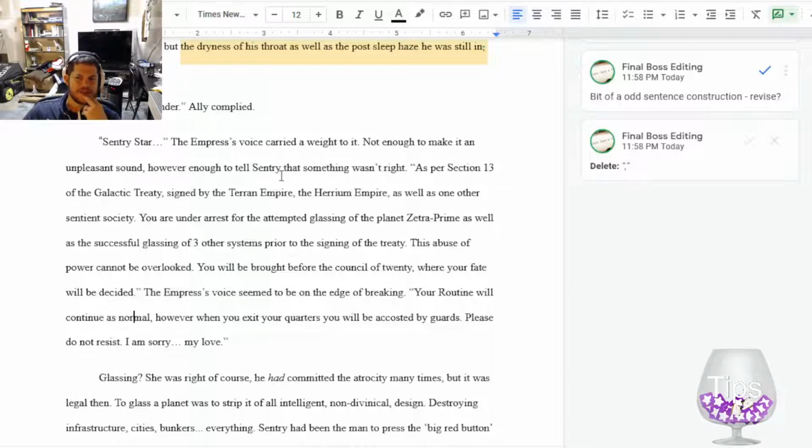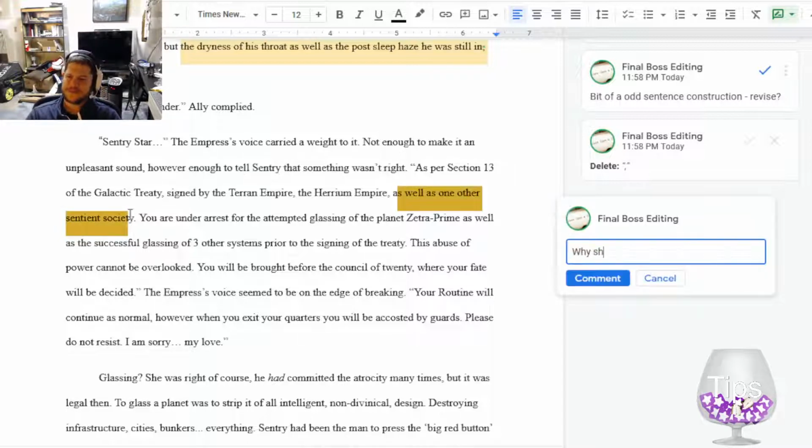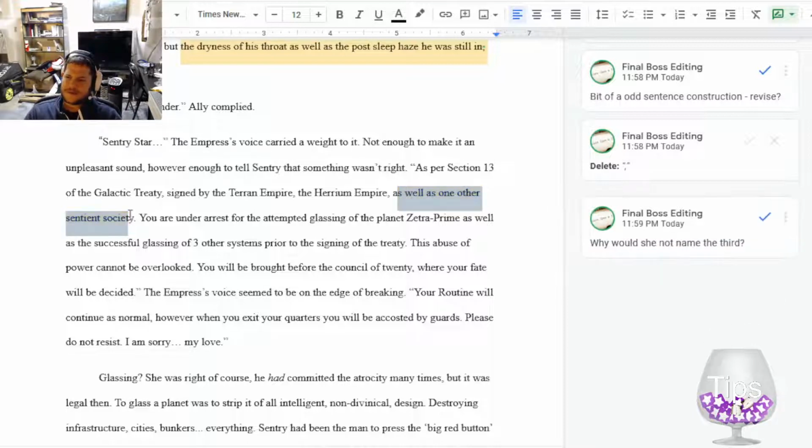Why wouldn't she mention the third? Yeah, why would she not? I mean, that's a little bit like so. Again, that shifts into a different register of language, right?